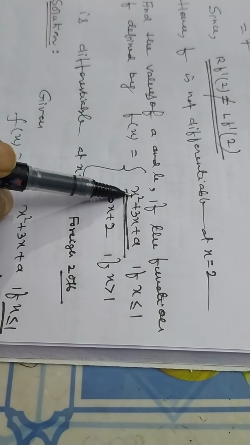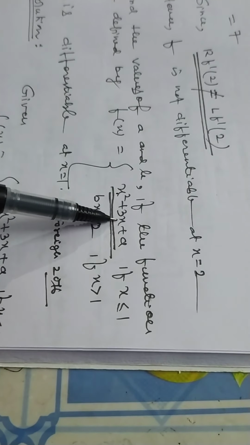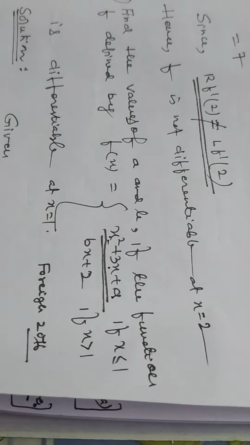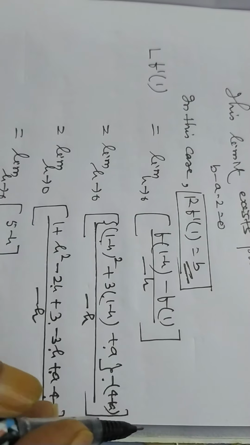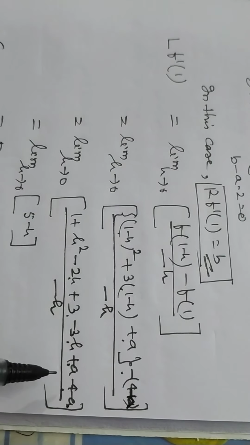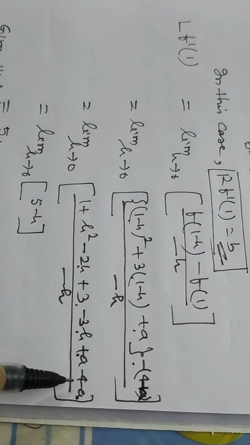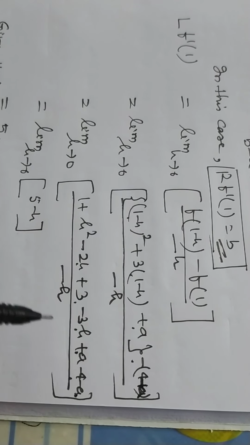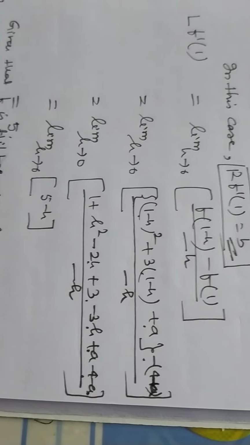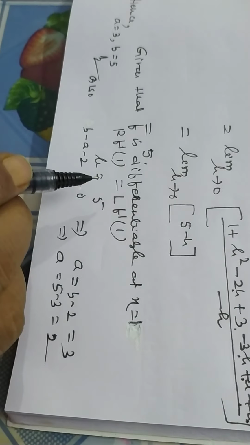So it will be 1 plus 3 into 1 plus a, that is 4 plus a. So after simplification it will be minus 4 minus a. So limit h tends to 0, 5 minus h, and that is 5. So the left hand side limit will be 5.